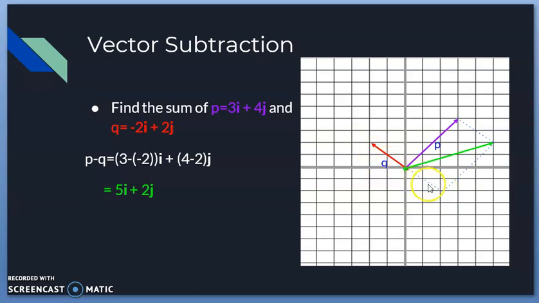So think of this dotted blue line as your new vector q, and then to add it, you would use the parallelogram method again. And then you would draw the resultant vector from the initial point here to the terminal point where these lines would converge.